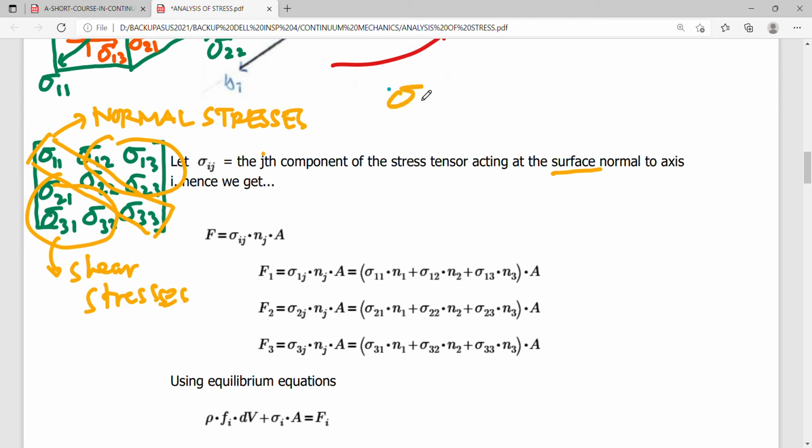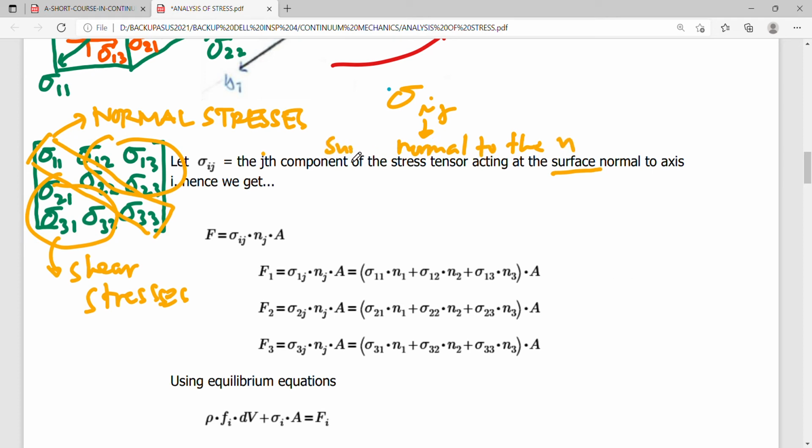okay, so if I have a sigma ij, your i is the normal to the n vector.